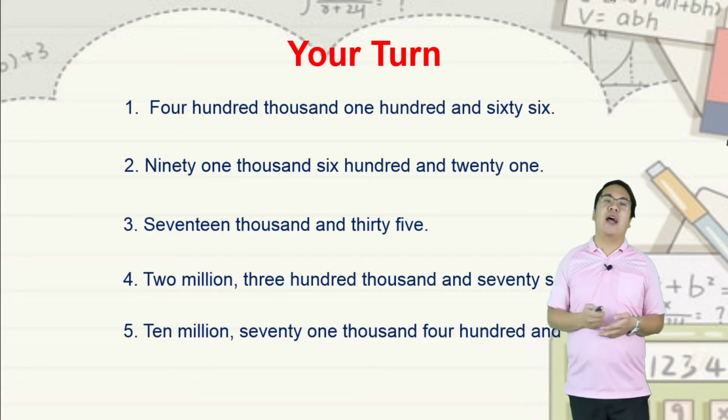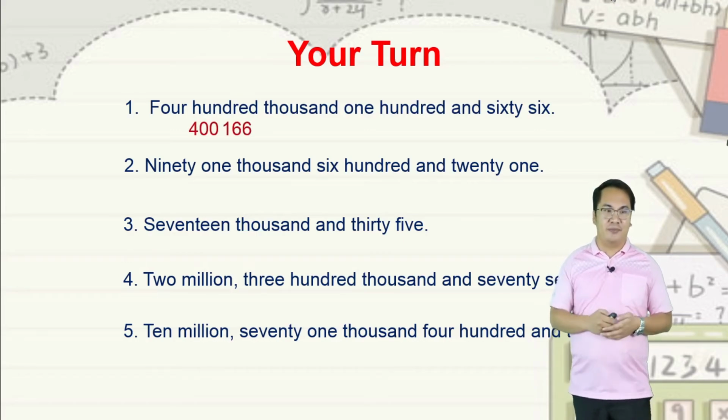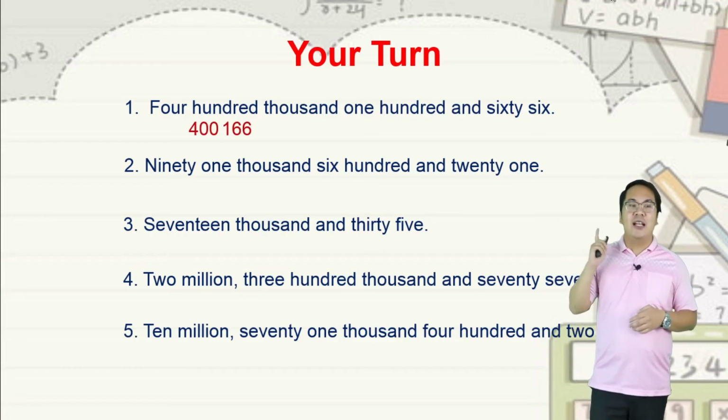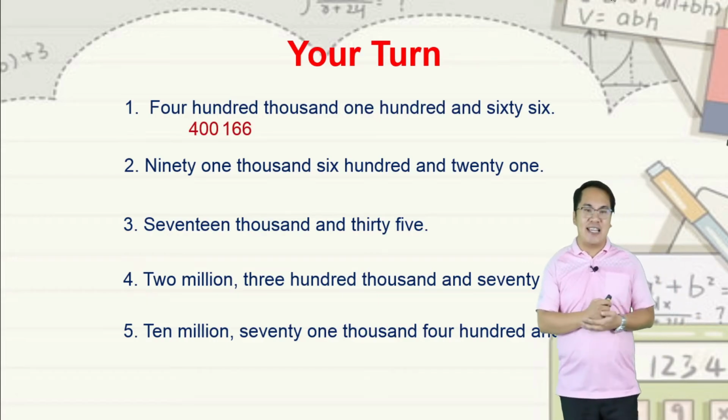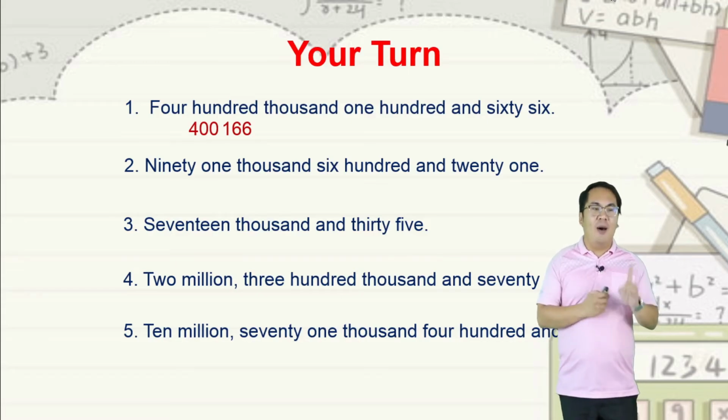How are we going to write that in numerical form? This is the answer. You can write this one as 400,160. Okay? Very good. How about number 2?